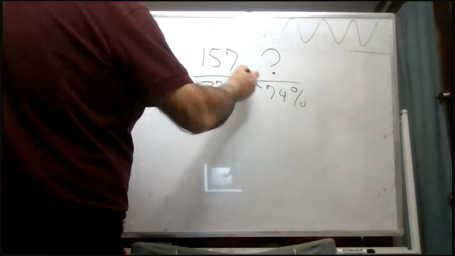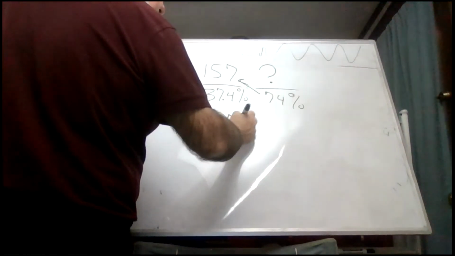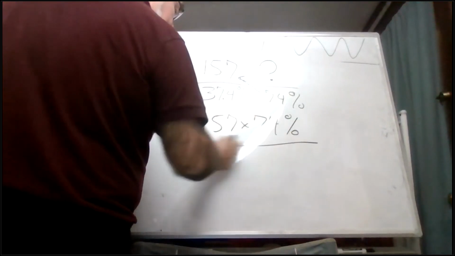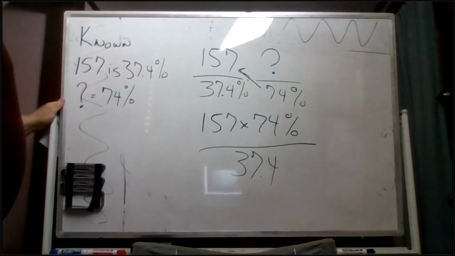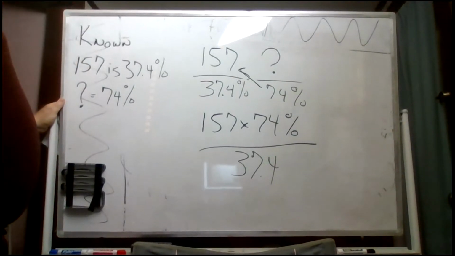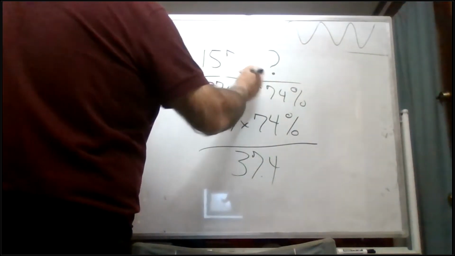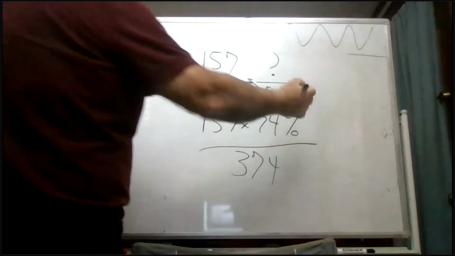The quick way to do this is to say that's the same as 157 multiplied by 74, and then you divide it by 37.4. You say, whoa, what did you just do? When there's an equal sign, that means both sides essentially are equal. What you do to one side, you got to do to the other.